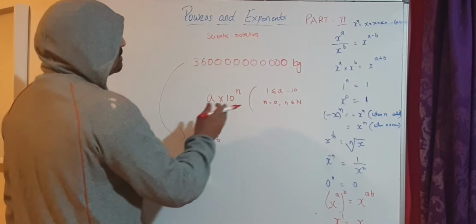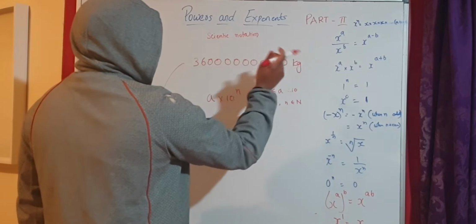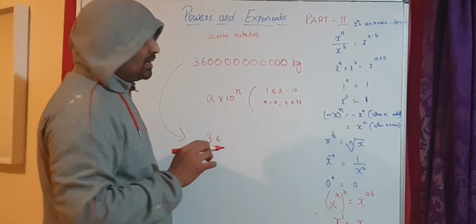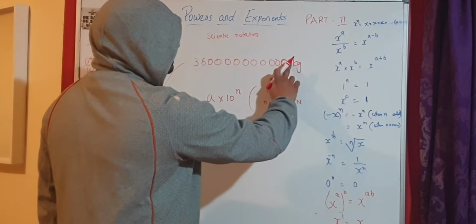The reason I'm choosing 3.6 is that I moved my decimal point. If there is no decimal point explicitly given, then the decimal point usually lies at the end, which can be written as 0.0.